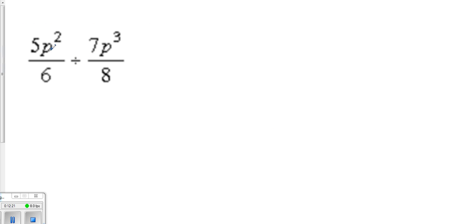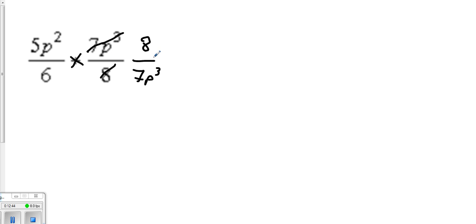So we've got 5p squared over 6 divided by 7p cubed over 8. Because this is a divided by and we want it to say times, we have to flip these two around. We put the 8 on top and the 7p cubed on bottom.